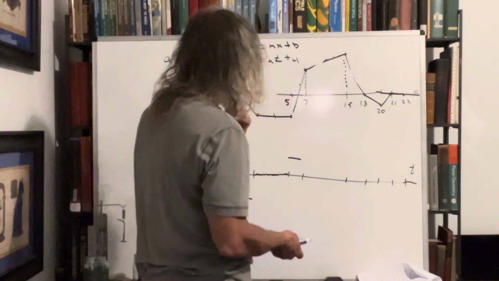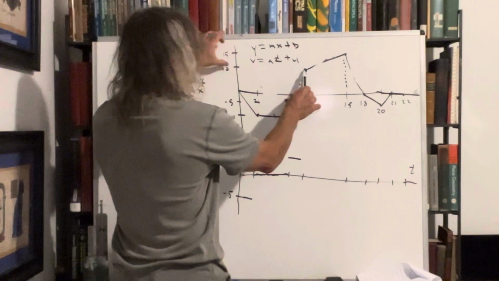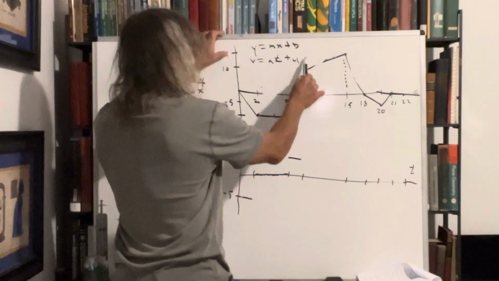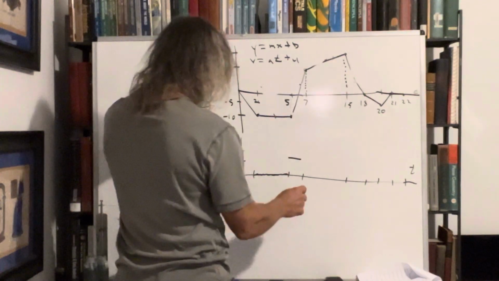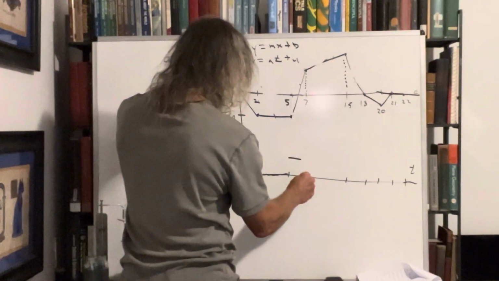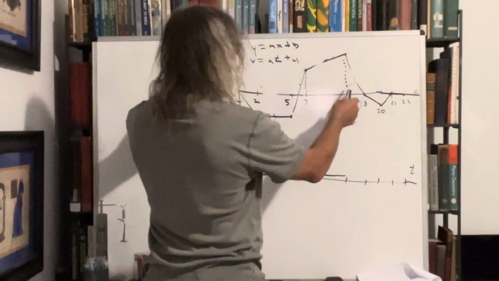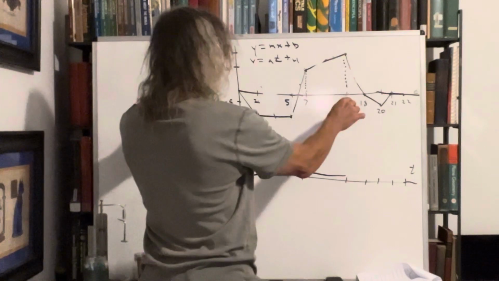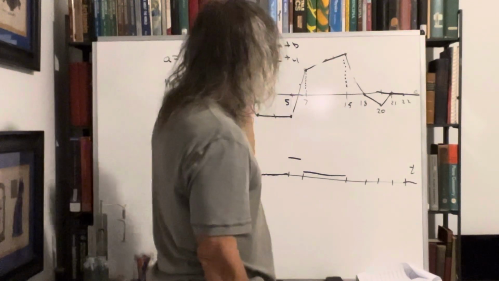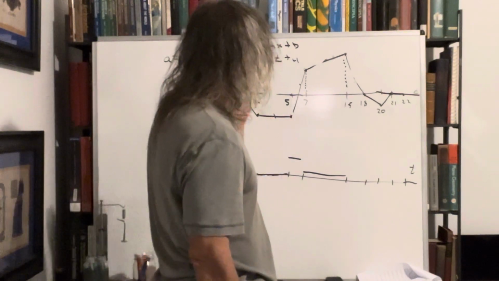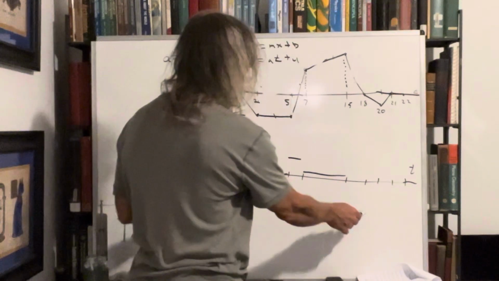Then from here to here, we go from 10 to 5, up 5 over 8, 5/8. So down here somewhere. Then we go down 15 over 3. It's negative slope. 15 divided by 3 is negative 5. So down here again at negative 5.